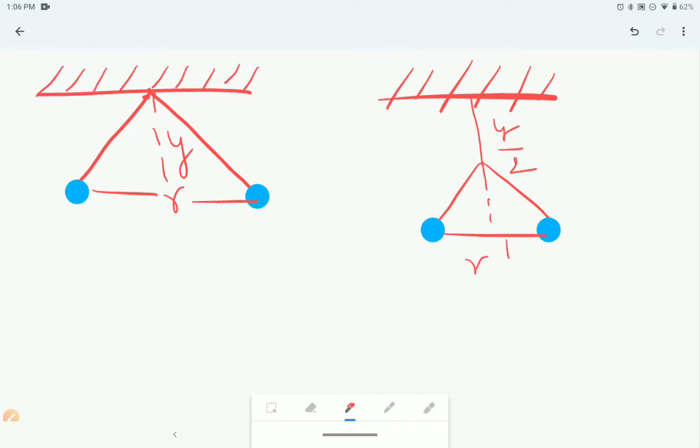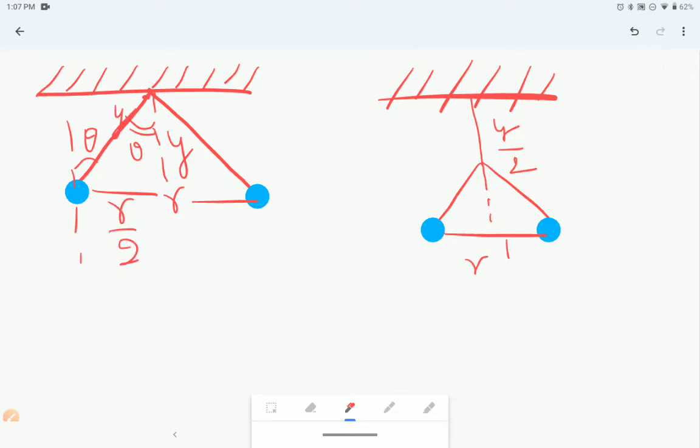So we should find the relation between r dash and y. First, this is theta, and if we draw this, this also becomes theta. So this is r by 2, and this becomes y.